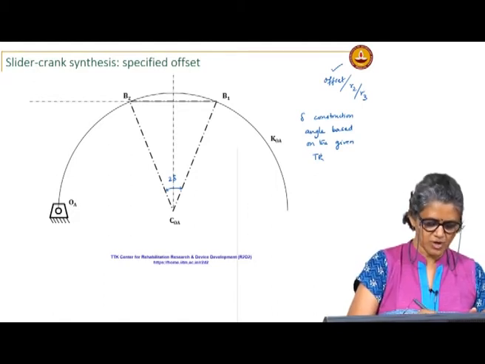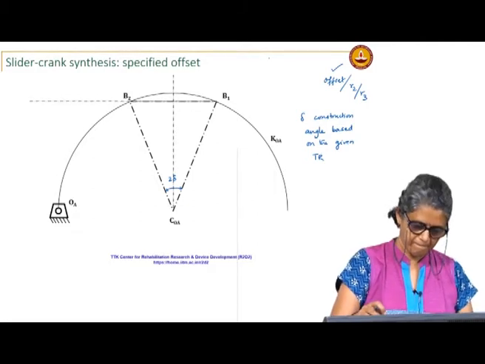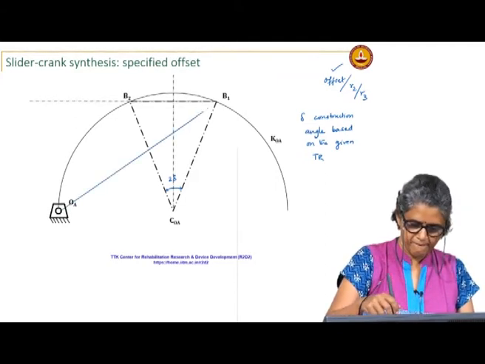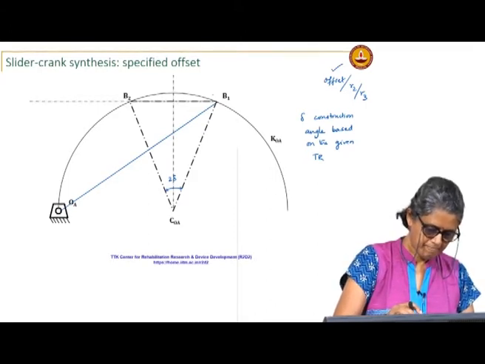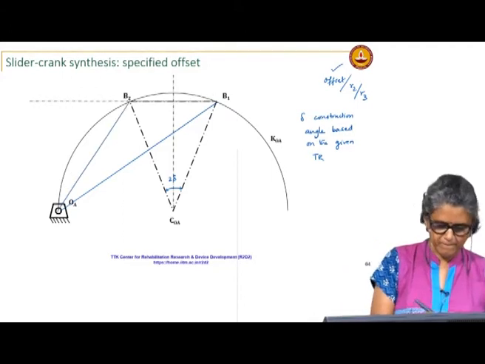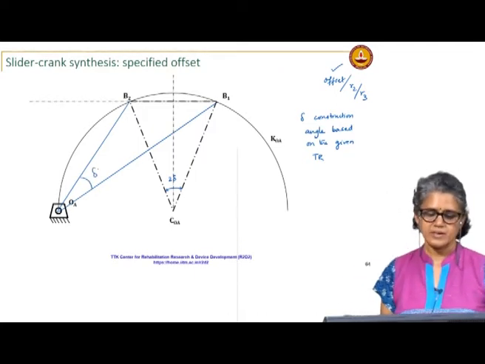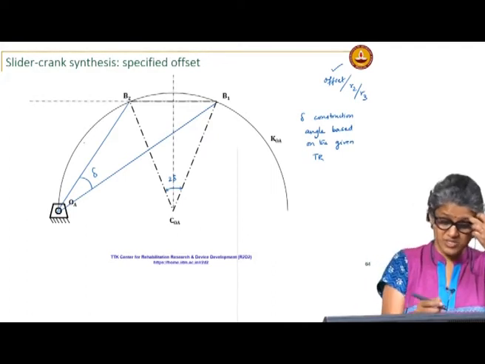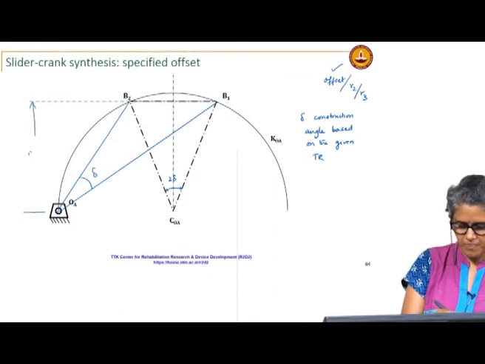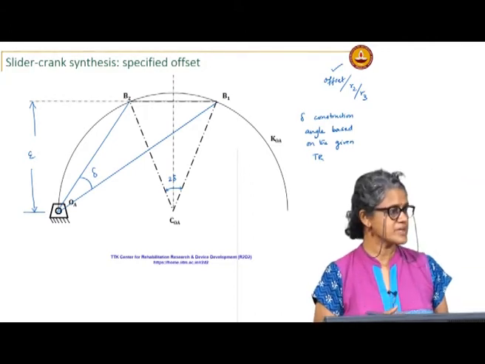So, then this chord anywhere on the circumference of that circle, this angle is delta, and you can have any number of solutions, but if this is the specified offset of the slider crank, then you locate the point OA in this manner.